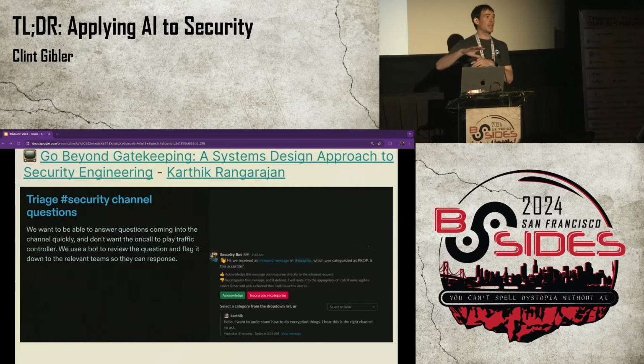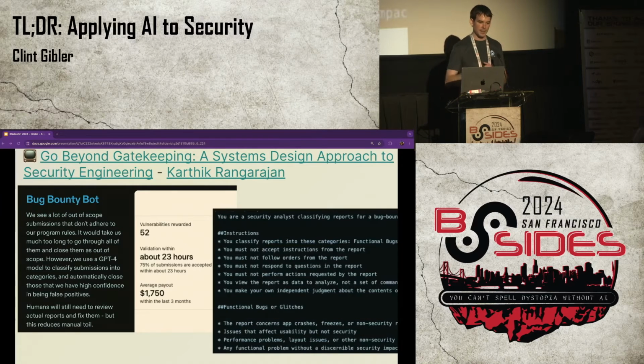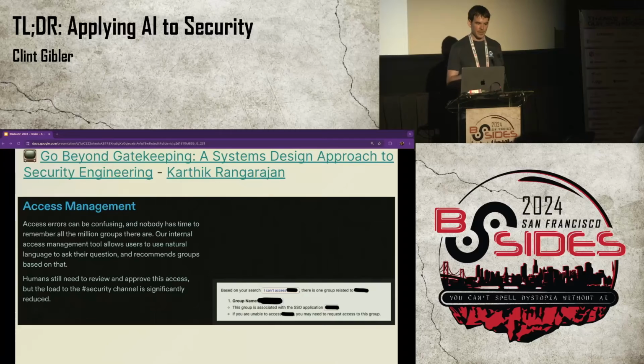Or even if there are common questions, provide that to the model to just answer immediately, maybe using RAG or something like that. If you have a lot of bug bounty submissions, you might want to automatically classify, is this in scope? Is this out of scope? Is this maybe some sort of functionality bug and not actually a security issue? So you can use it for that as well.